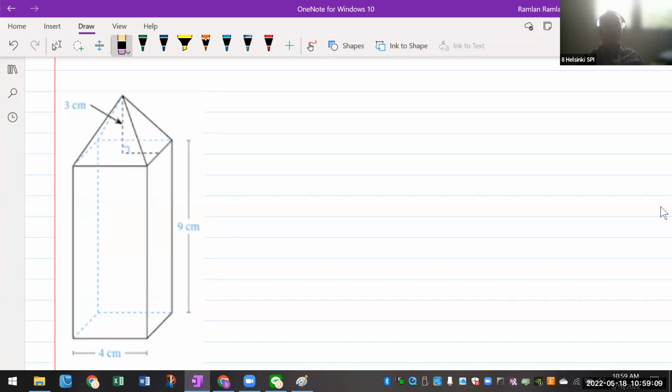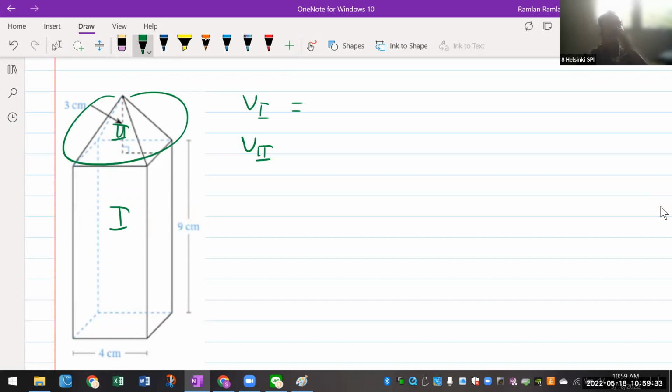Okay, since we have those two, again, if you want to find a volume, you can find the volume of each of those two shapes, and then you just total it, right? So volume 1 is going to be the rectangular prism, and then volume 2 is going to be a square base pyramid. I'm gonna write down the formula for you, and then I would like you to calculate by yourself.